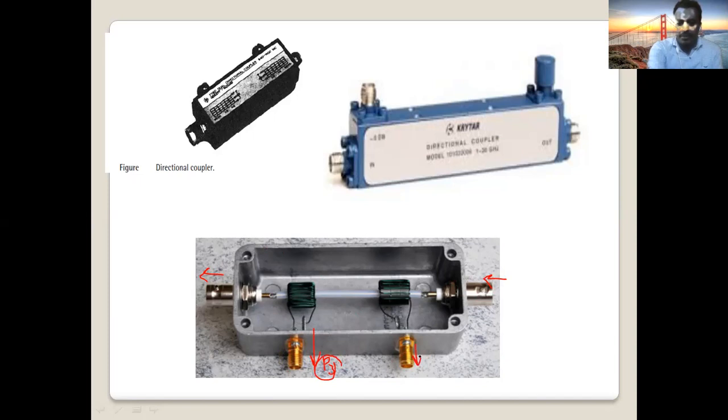This one becomes the isolated port. We don't need P4 now. After you transmit the signal through this wire, when it reaches here, it's divided into 2. One will go directly, another will go to the coupled port. No coupling here. In this case, there must be no coupling, right?